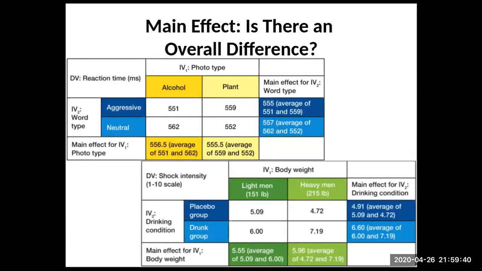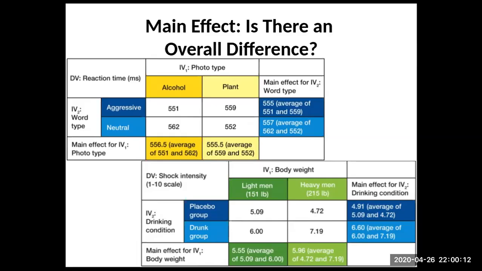So looking at these, the main effect says, is there an overall difference? Again, we go back to that first example from a couple slides ago. Phototype, alcohol and plant. Word type, aggressive and neutral. For a main effect, what we're saying is, it's a main effect of one of the variables and their two levels, as if the other variable didn't exist.